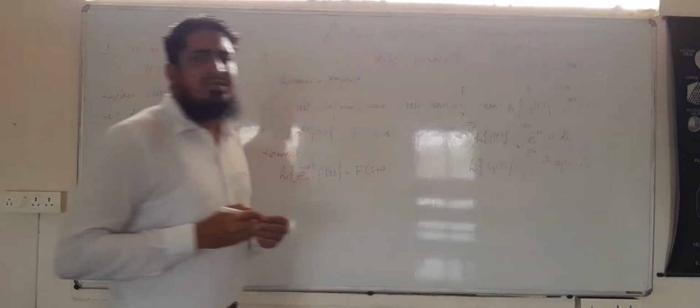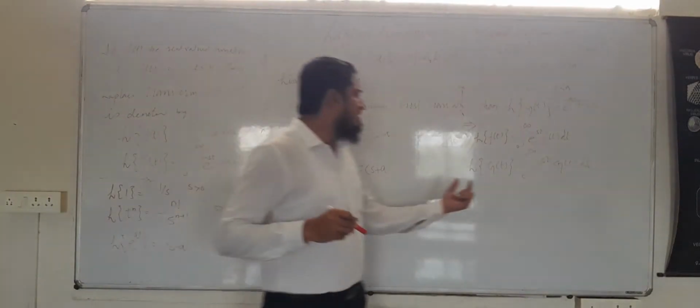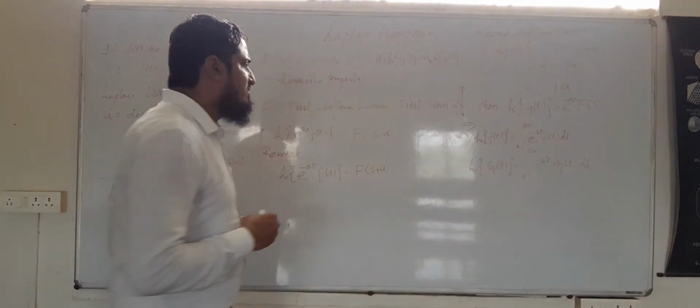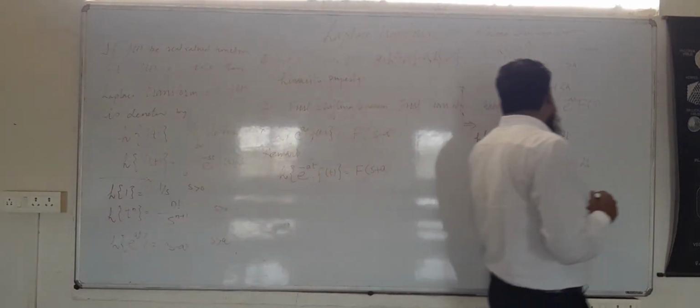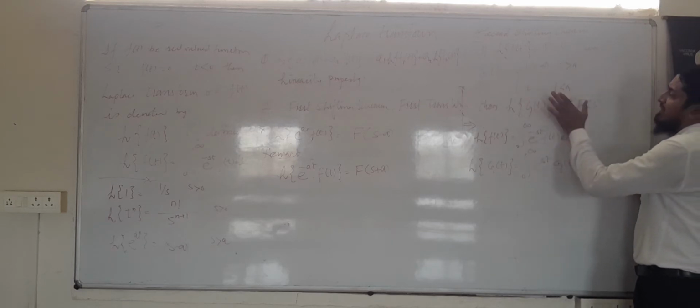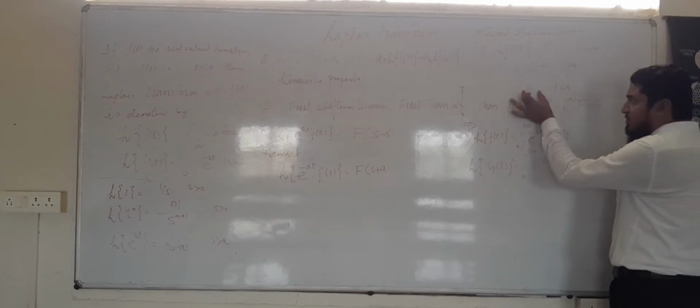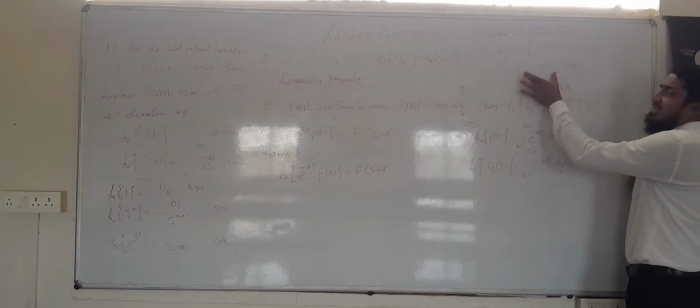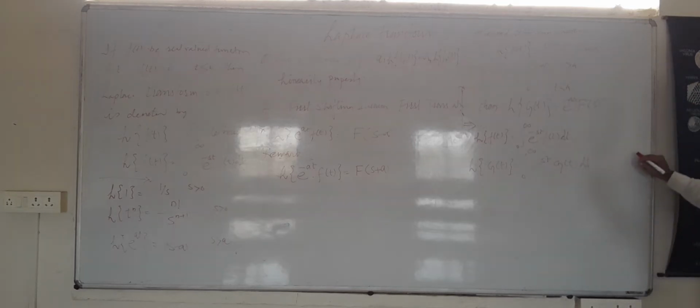Clear? We just put g of t in the definition of Laplace transform. Now since the function g of t is defined in two different intervals, whenever t is less than a, the value of g of t is 0, and whenever t is greater than a, g of t is f of t minus a.